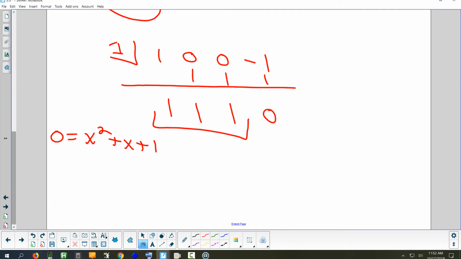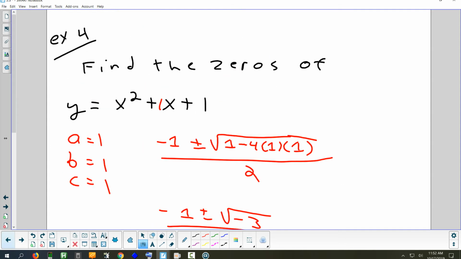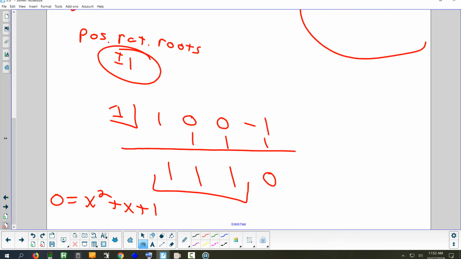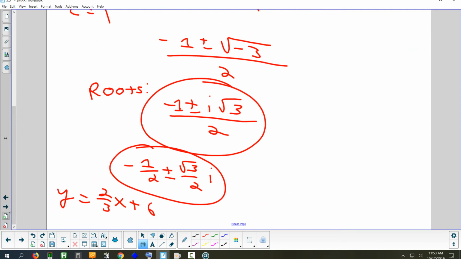Does that look familiar at all? A is 1, B is 1, C is 1. We already did that. Right here. A is 1, B is 1, C is 1. So now what you would do in this problem, from this step, you would solve for these roots, but I've already done that back in example 4. Negative 1/2 plus or minus root 3 over 2i.